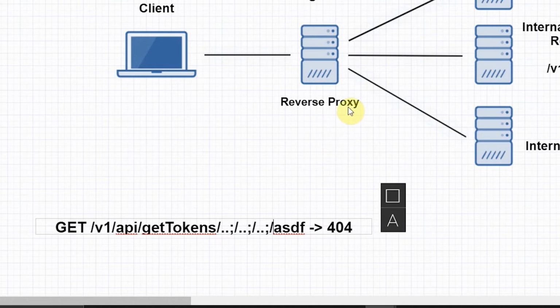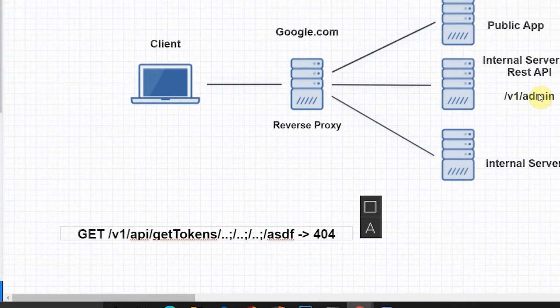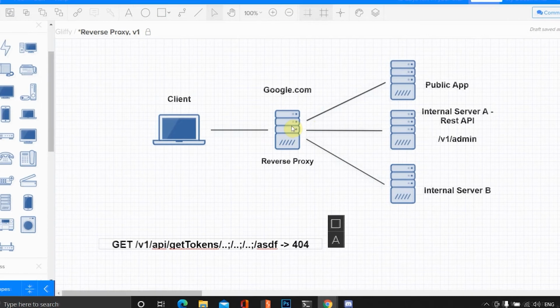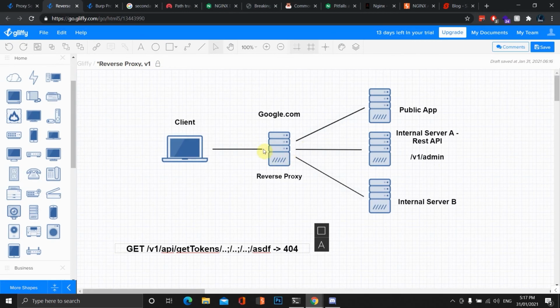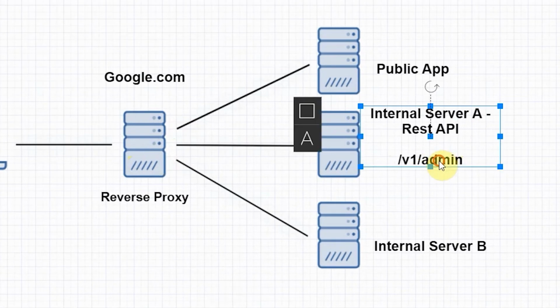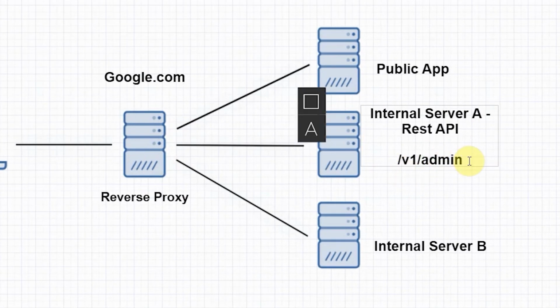So this is when we will trick the reverse proxy into accessing an internal API of some sort. For example, say behind Google's reverse proxy there is an internal REST API and the endpoint is /v1/admin. We don't know this, though we may be able to guess it. We may not actually know that the internal endpoint is a REST API.